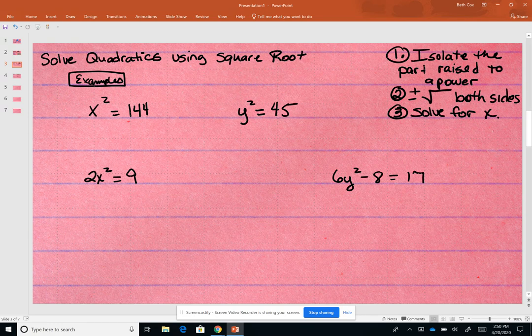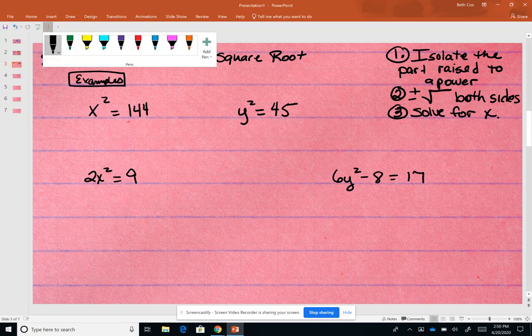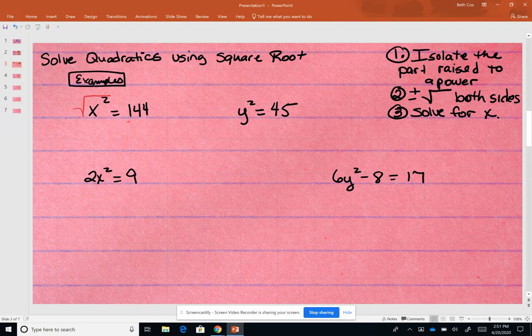So let's look at the first one. We have x squared is equal to 144. Now, the squared part is isolated. The only thing that's squared is the x, so that's already isolated. So I can go to step 2, which is the positive and negative square root of both sides. The square root of that side and the square root of that side.